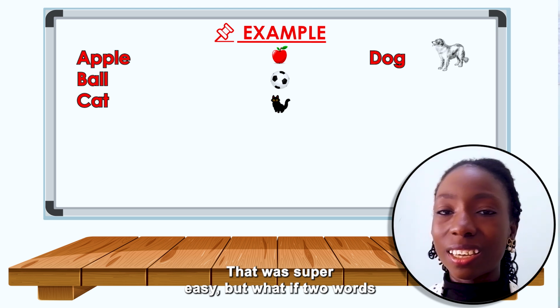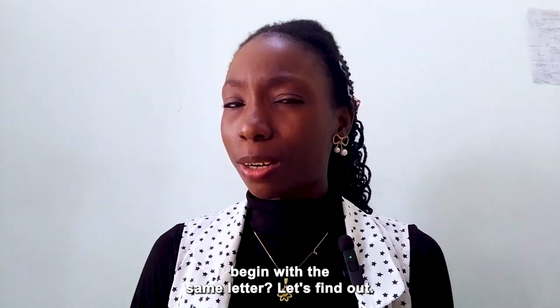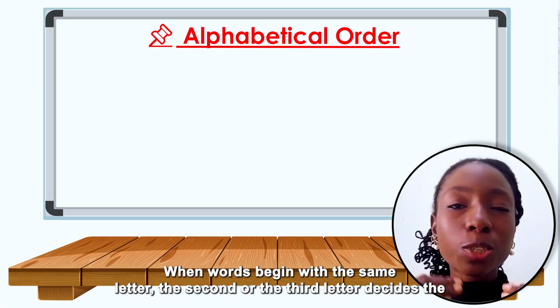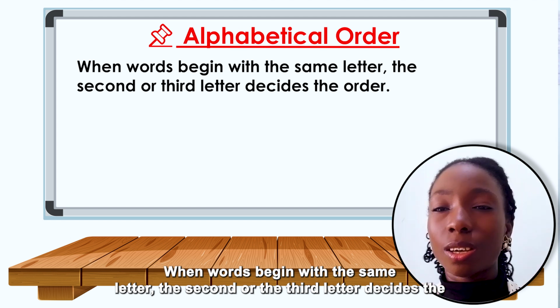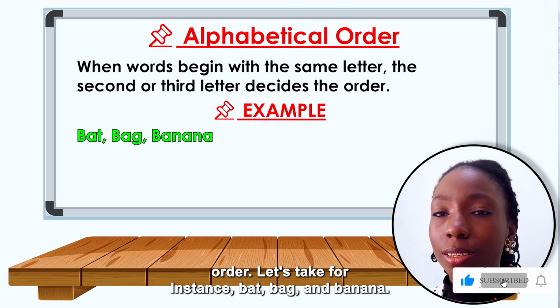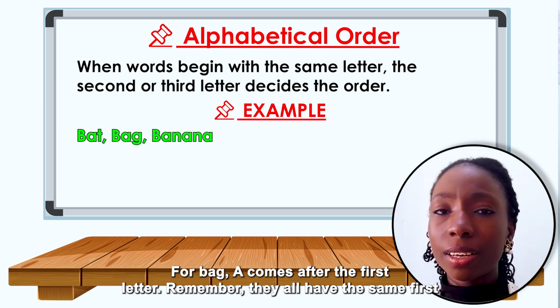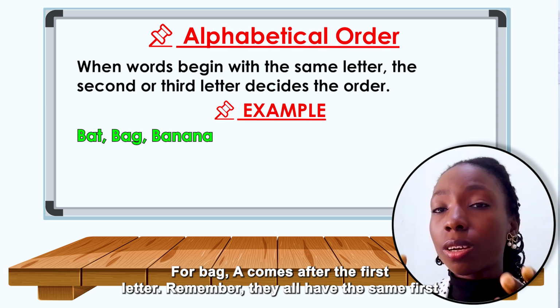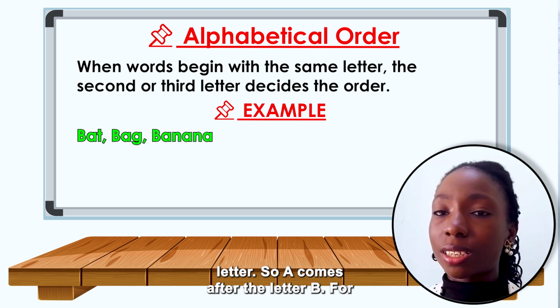That was super easy. But what if two words begin with the same letter? Let's find out. When words begin with the same letter, the second or the third letter decides the order. Let's take, for instance, bat, bag, and banana. For bag, A comes after the first letter. Remember, they all have same first letter.